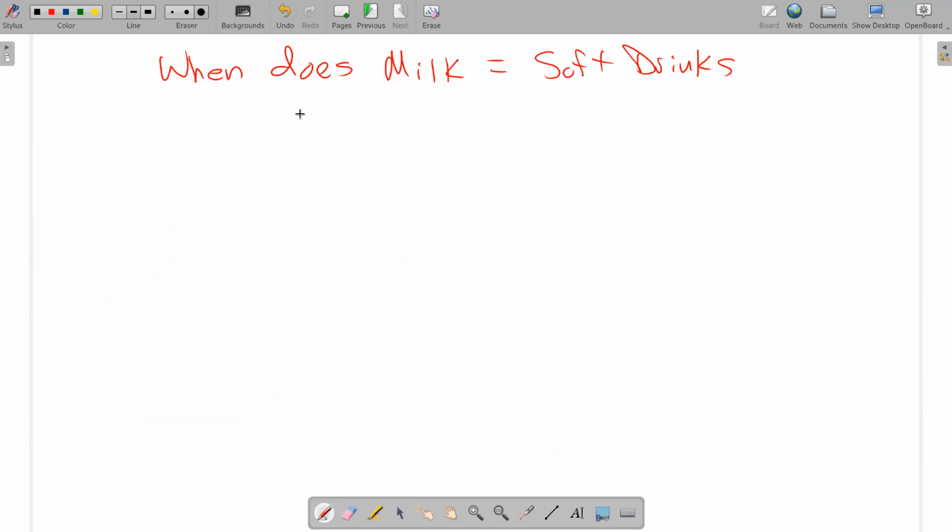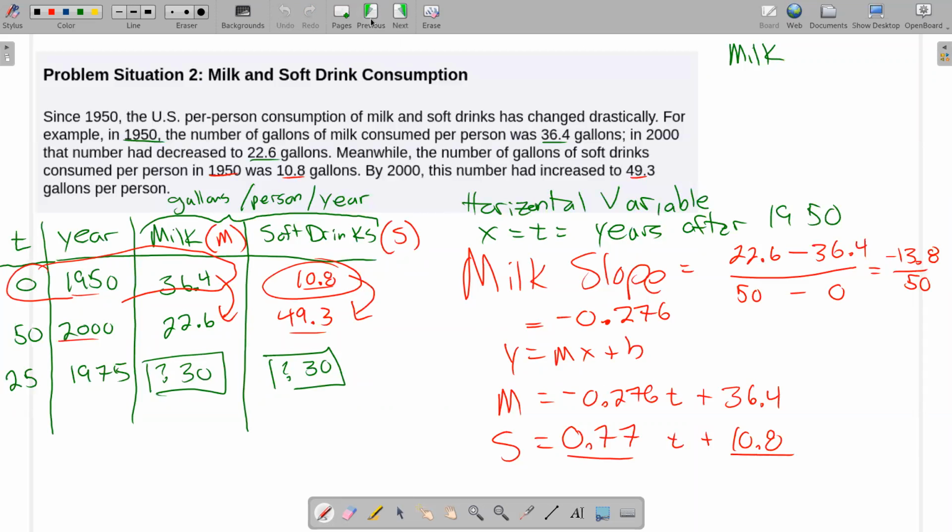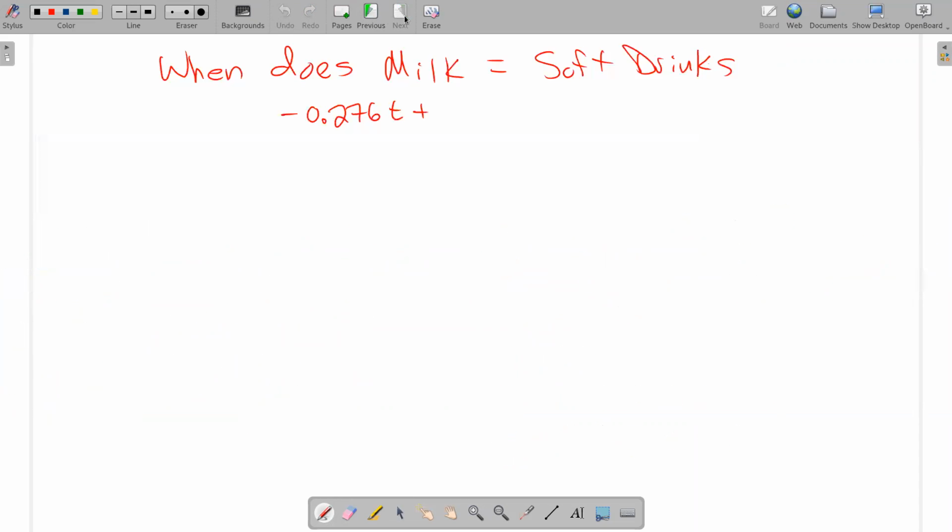So by expression, I mean the milk was negative 0.276 T plus, what was it, 38.4? 36.4. And I want to know when does that equal the 0.77 T plus 10.8. So we'll set about solving this.